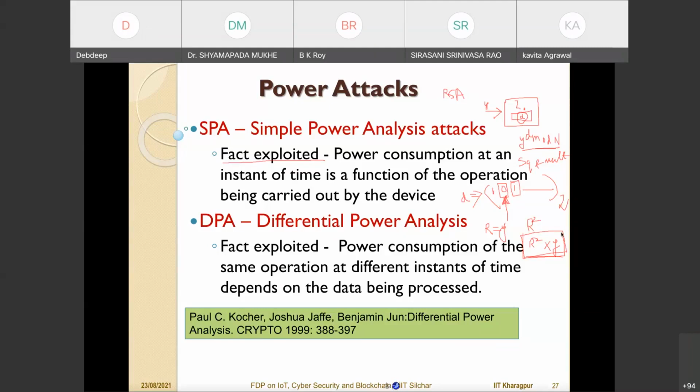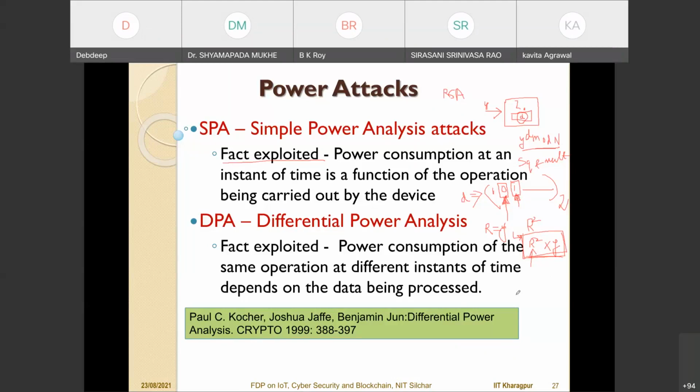Therefore, if the attacker is able to pick up that difference from the power trace, the attacker knows that an extra multiplication has been done, and because of that it knows whether the key bit is 1 or 0, because only when the key bit is 1 is this additional multiplication done. And therefore the attacker knows the secret key.